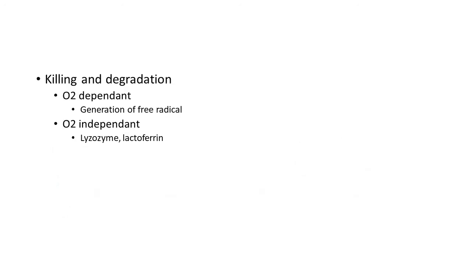The offending agent is killed by antibacterial substances and degraded by hydrolytic enzymes. The killing process may be either oxygen dependent or oxygen independent. In oxygen dependent mechanism, there is generation of oxygen free radicals which kill the microorganism.